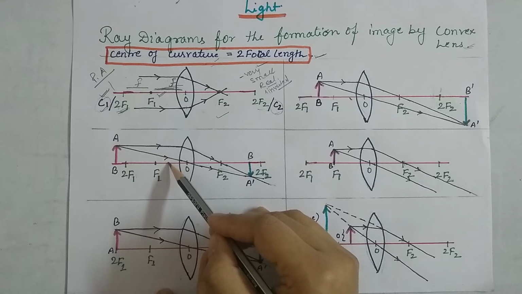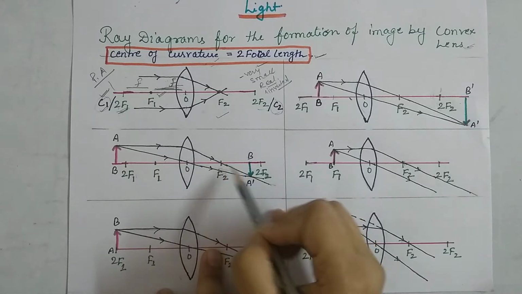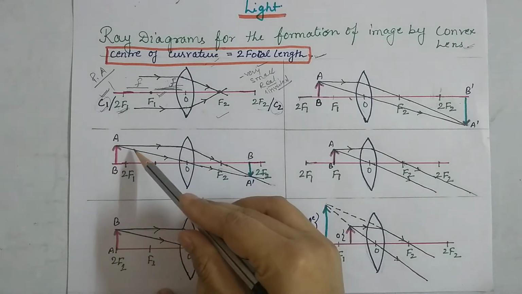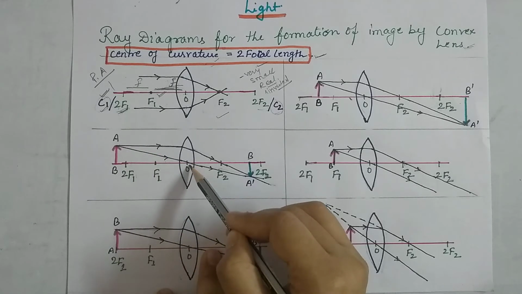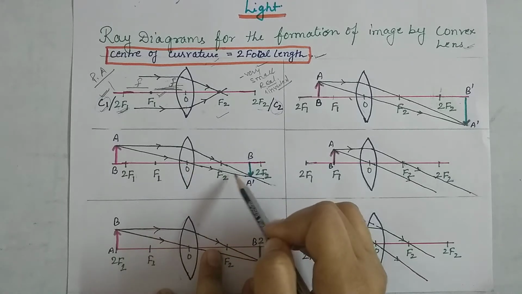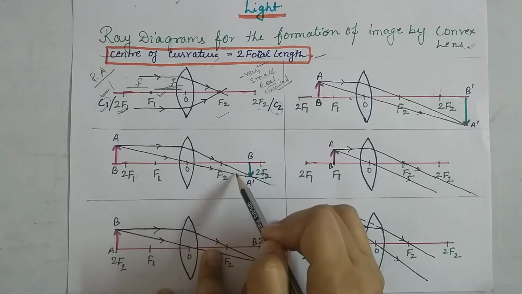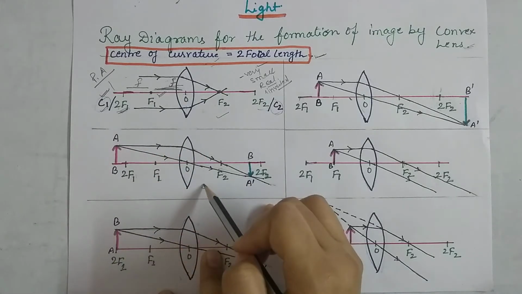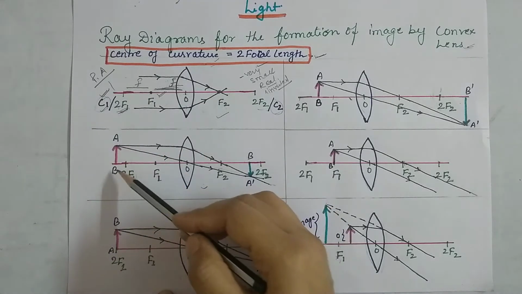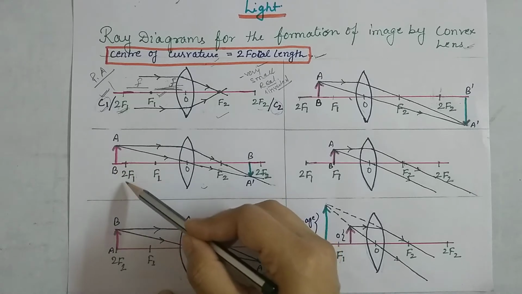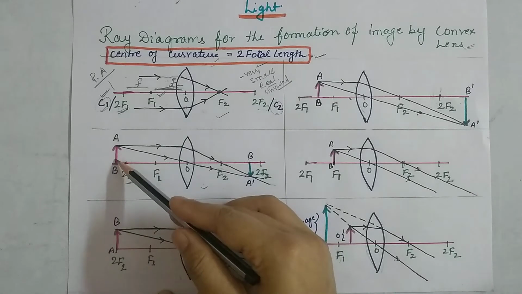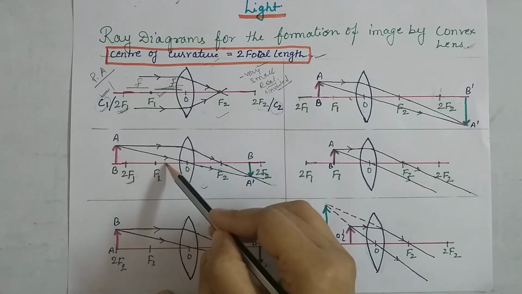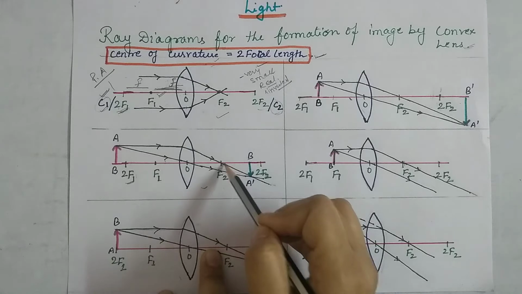Now the second diagram. Recall the rules: the incident ray parallel to the principal axis will pass through the focus. The second rule is that when any light ray is incident at the optical center, it will not bend, it will go straight. Using these rules we have prepared this ray diagram. The object is placed beyond 2f1, and when the light ray is incident parallel to the principal axis, it must go through the focus.